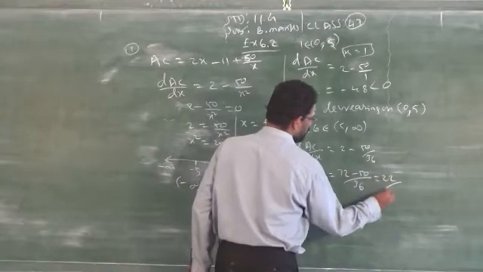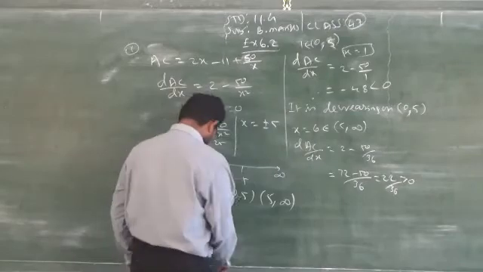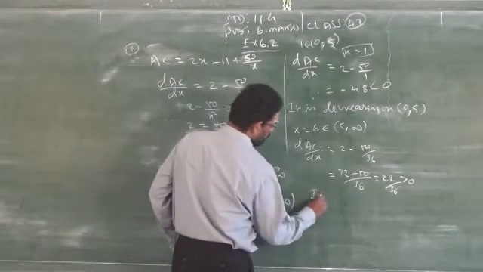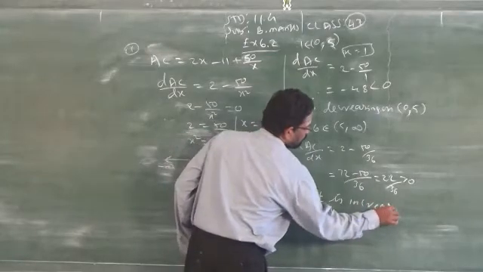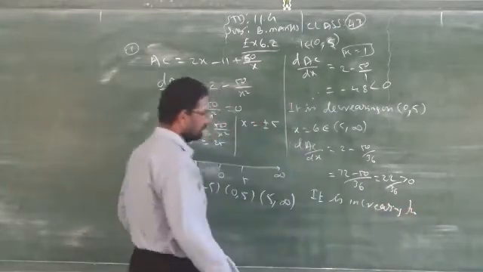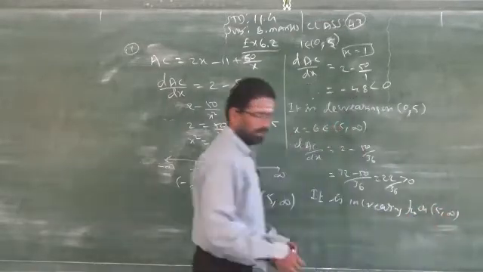What will be the answer? 22/36, which is greater than 0. It is increasing. It is an increasing function on 5 comma infinity.